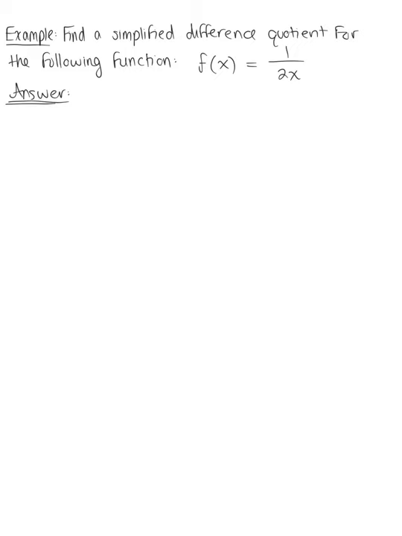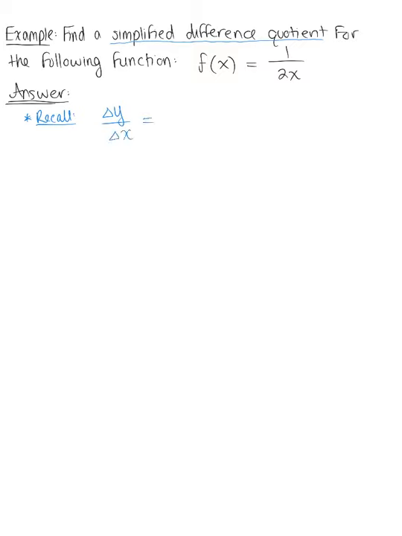Here we're asked to find a simplified difference quotient for the function f of x is equal to 1 divided by 2x. So real quick, let's recall that a simplified difference quotient is an alternative form of the slope formula. So we know it's going to be the change in the y values by the change in the x values.